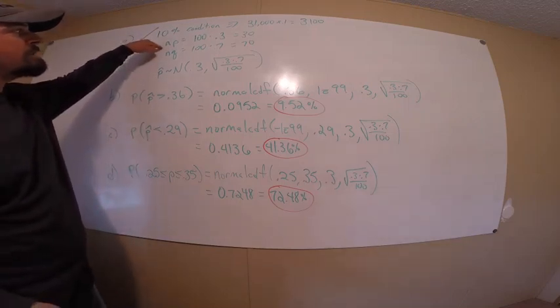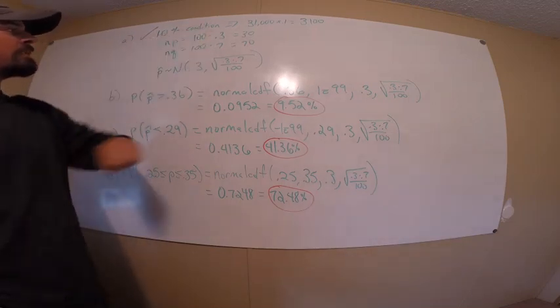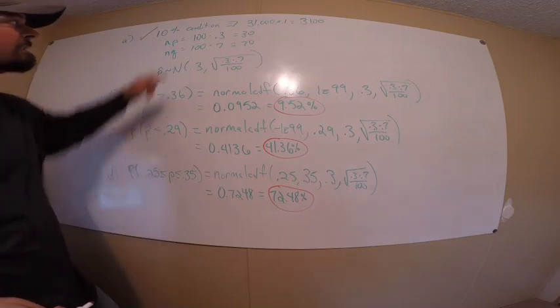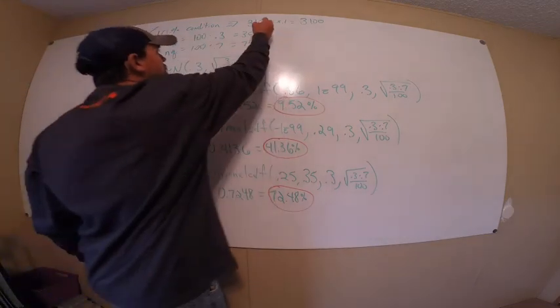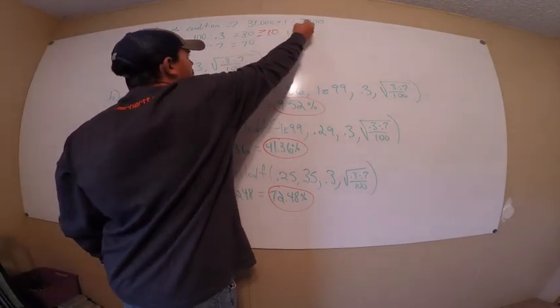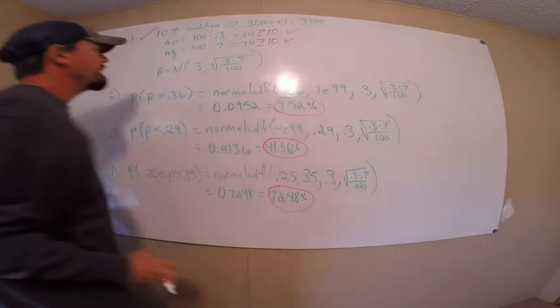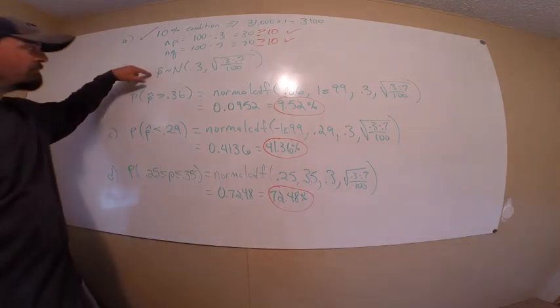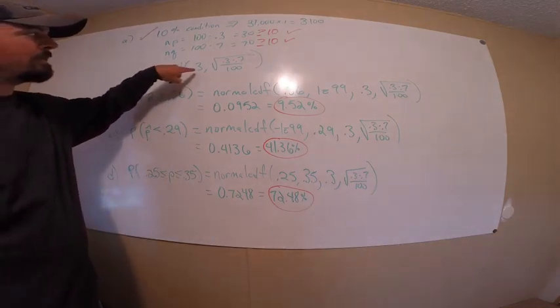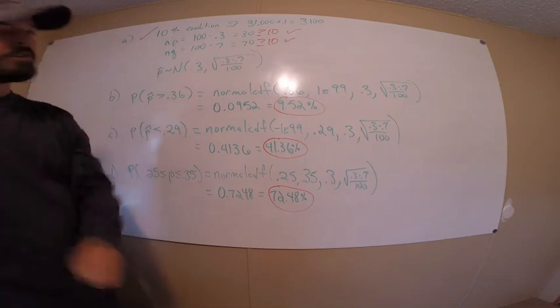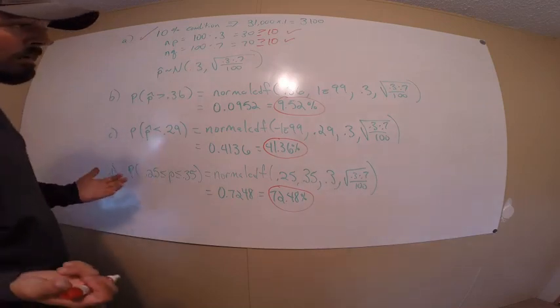We also need to check that np and nq are greater than or equal to 10. 100 times 0.3, that is greater than or equal to 10. That works. 100 times 0.7, that's greater than or equal to 10. That works. So now we can say p hat is approximately normally distributed with mean 0.3 and standard deviation square root of 0.3 times 0.7 all over 100.